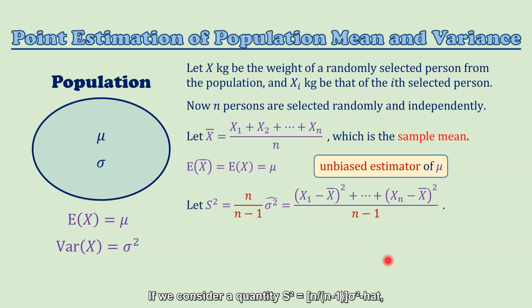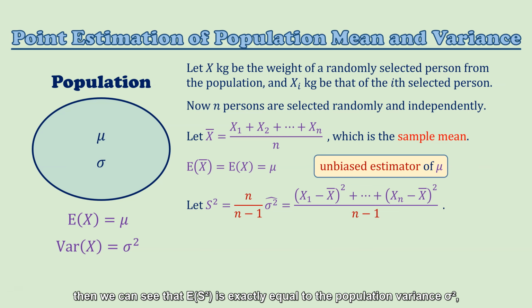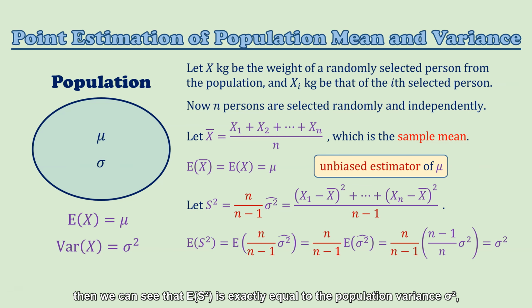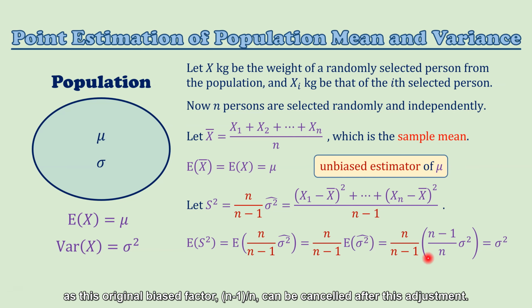If we consider a quantity s squared which is equal to n over n-1 times sigma square hat, then we can see that the expectation of s squared is exactly equal to the population variance sigma squared, as this original biased factor n-1 over n can be cancelled after this adjustment.